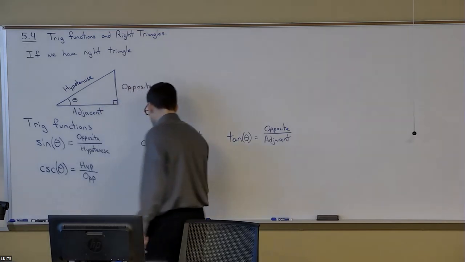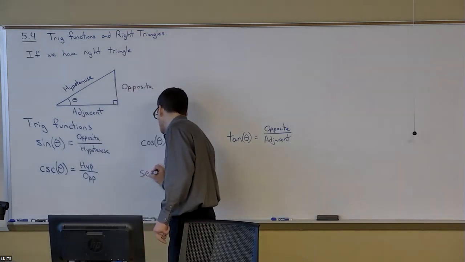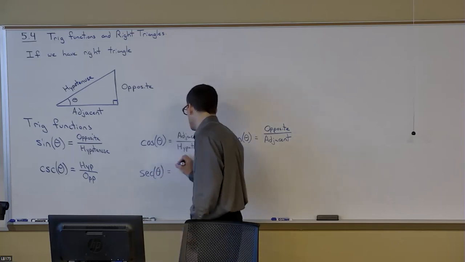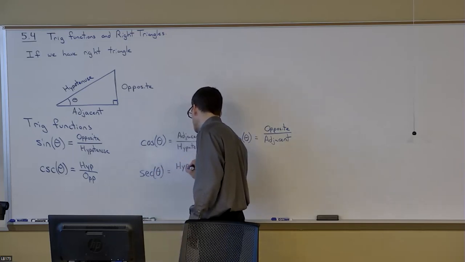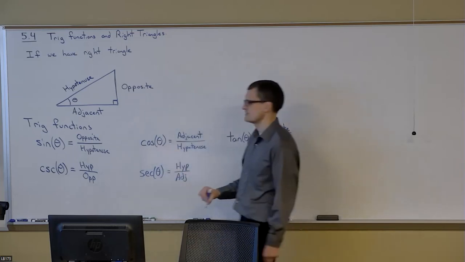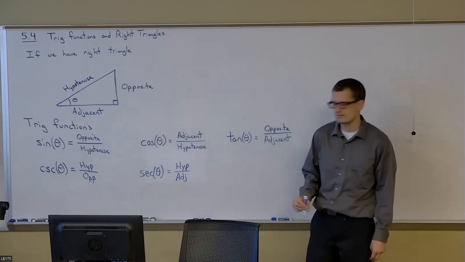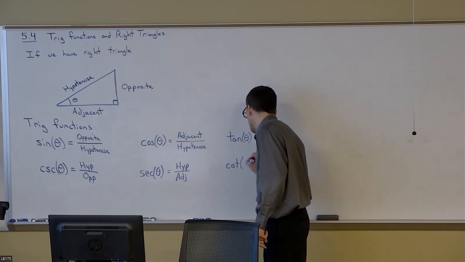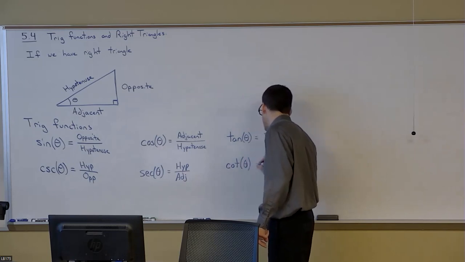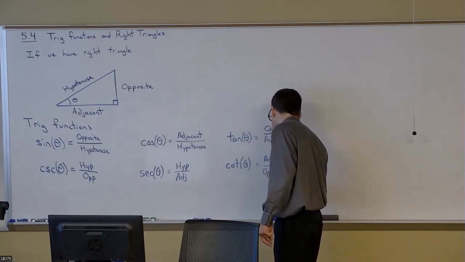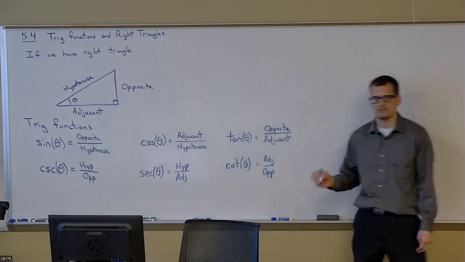Cosine is the reciprocal of secant, so if you wanted to find secant, you would just take the reciprocal of your cosine. And tangent and cotangent are reciprocals as well. So I just take the reciprocal of tangent and you get cotangent.